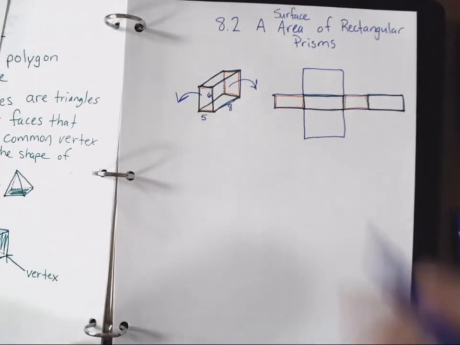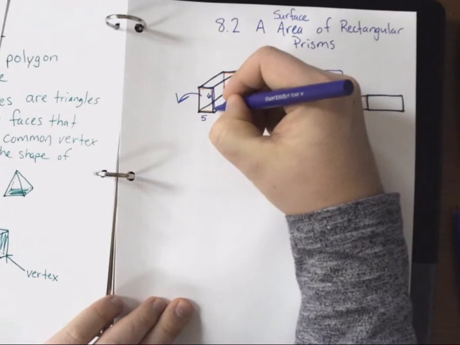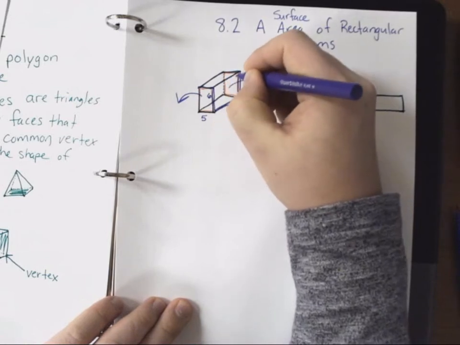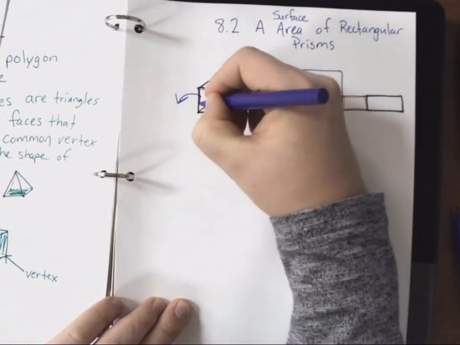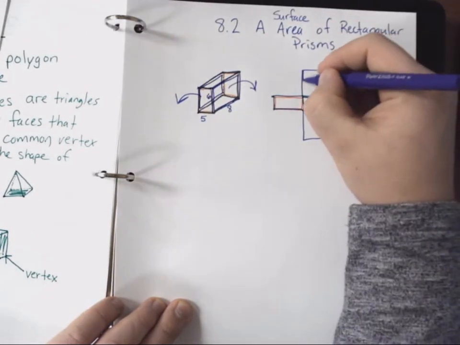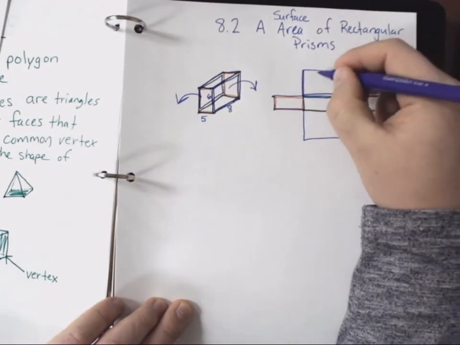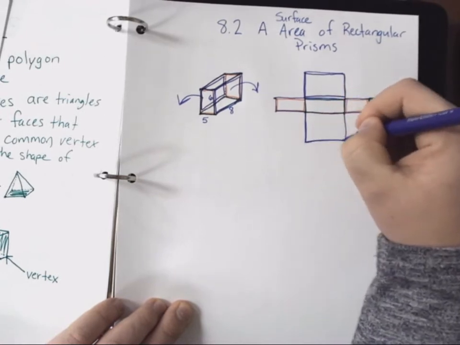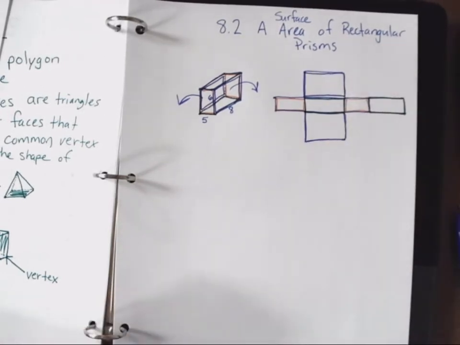Our two sides are going to be this fatter piece on this side and this fatter piece on this side, represented over here with this piece and this piece. If you notice, when we unfolded our rectangular prism, we have two identical pieces of each side.